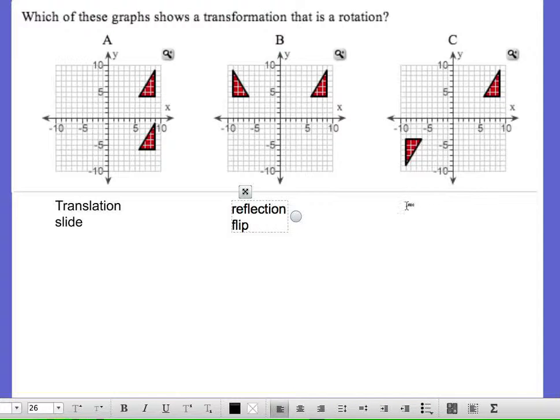Graph 3 is a rotation. And more specifically it is a rotation of 180 degrees. We also call that a turn. So it is graph C.